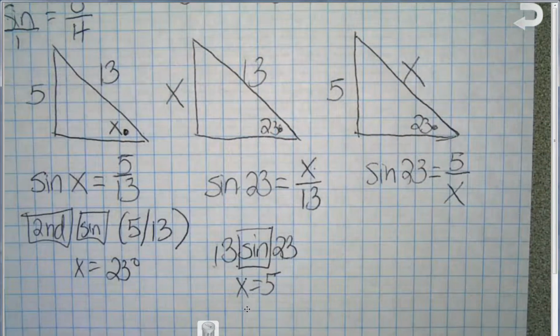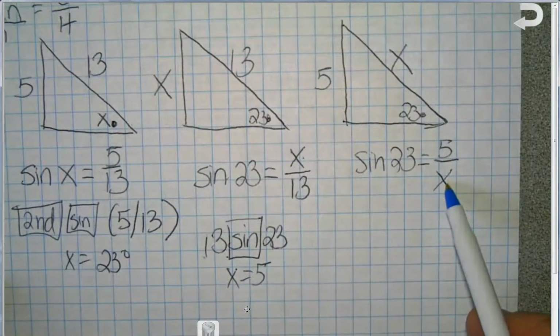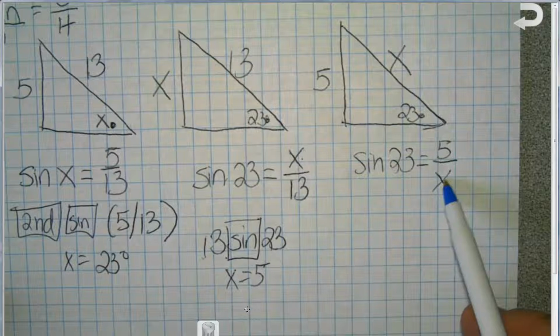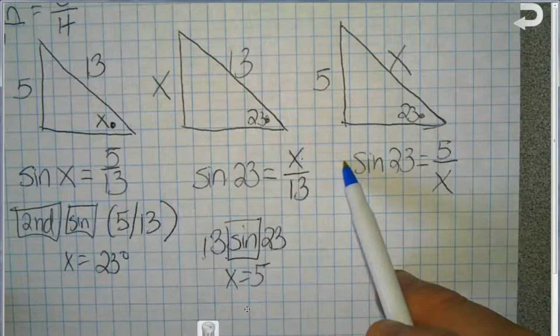Now, the question is, how do I get rid of the 5? Can I times it by both sides to get rid of it? How am I going to get x by itself? I could times x by both sides, but then the x is over here, right?